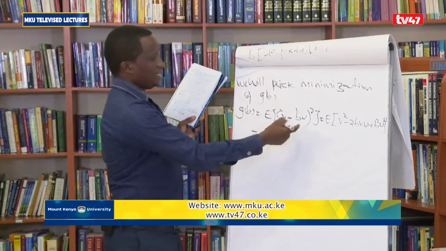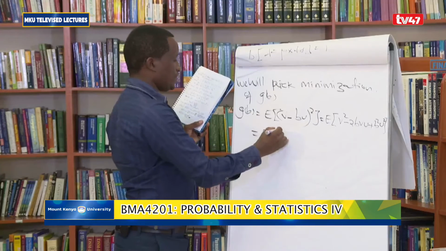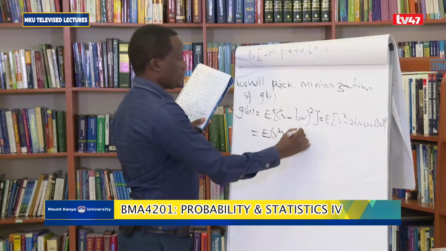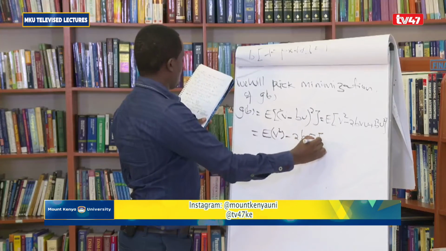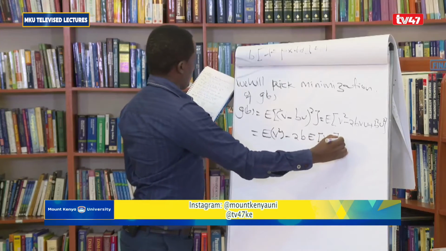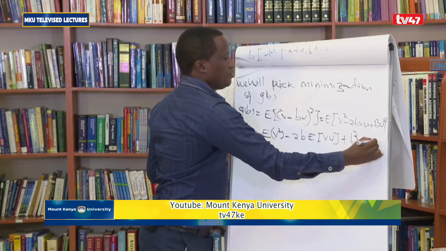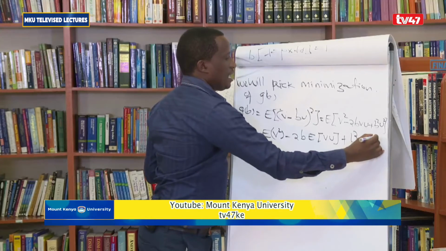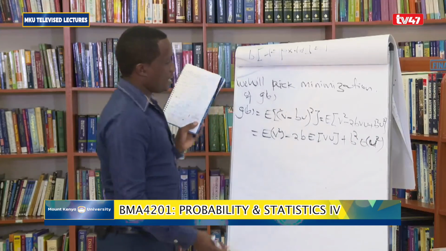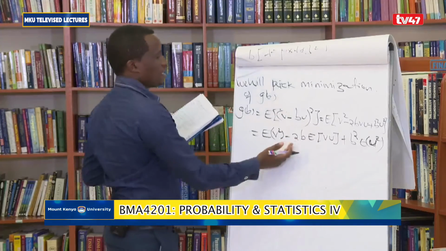If we take expectation, we have expected of v squared minus 2b expected of vu plus b squared expected of u squared. You notice u and v are random variables, while b is a constant, so that's why it's coming out.